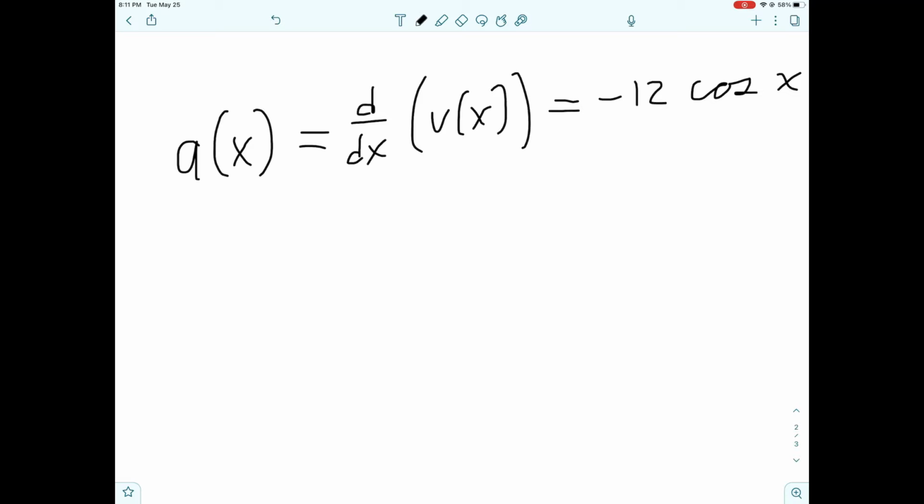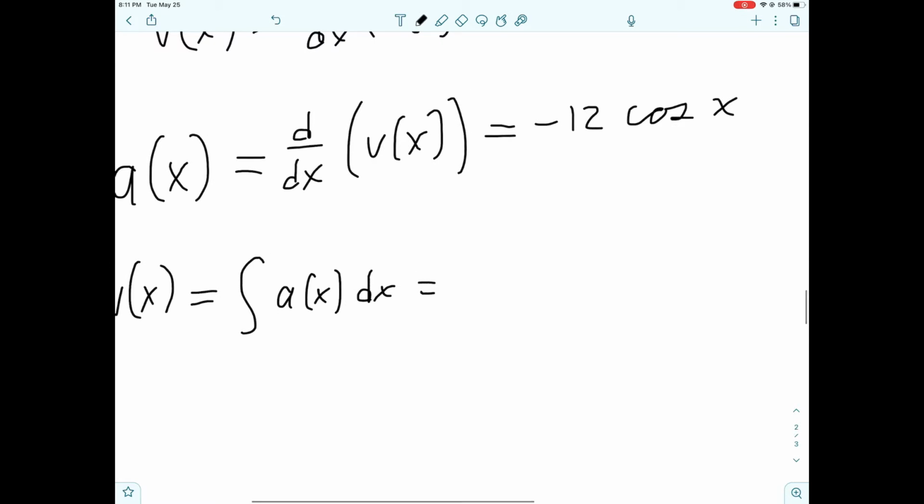Alright, so now we're going to work backwards to check our answers. So from a of x, we're going to find our velocity function again, but this time we're going to do it by integrating our acceleration function a of x, and this will give us, oh, don't forget about that dx, and this will give us negative 12 sine of x, and then our initial condition for velocity at x equals 0 will be 0.